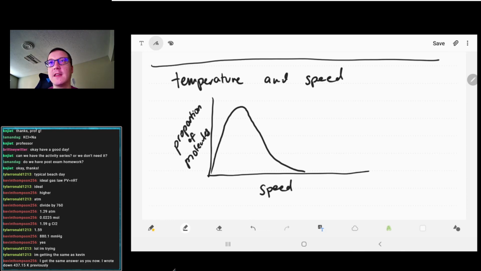If you were to take a snapshot of the speeds of various molecules at a particular temperature, you would come up with a distribution like this.